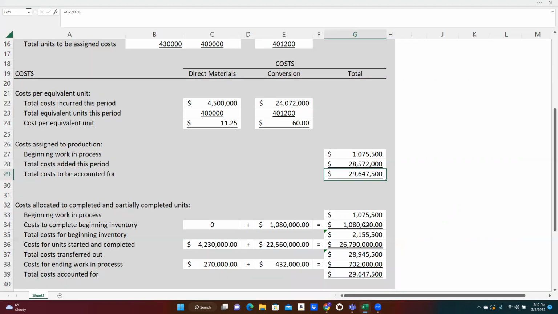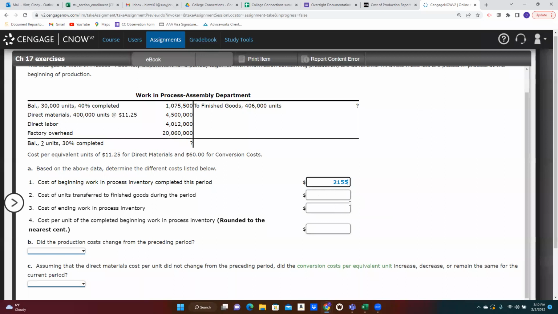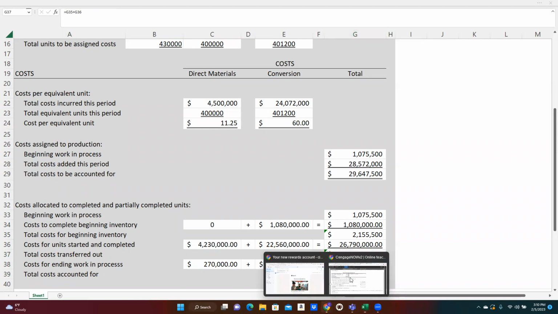So on the template, cost of what we completed right here, $2,155,500. Cost of units transferred to finished goods. Cost for units, total cost transferred out. Here it is. Total cost transferred out, $28,945,500.